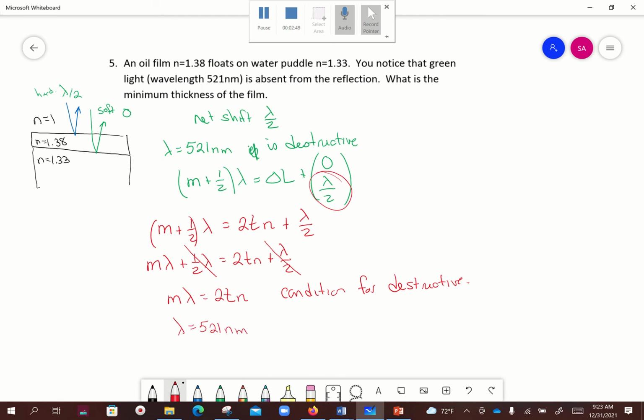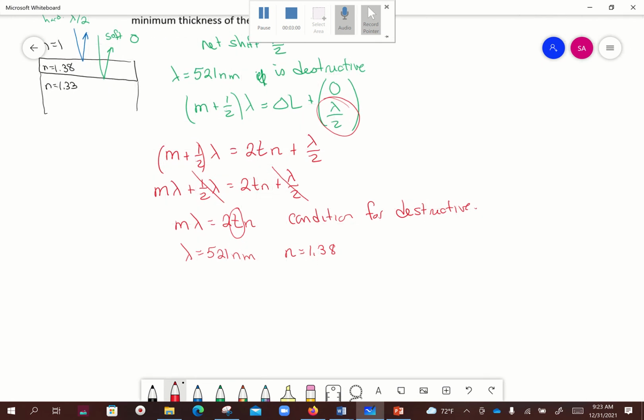We know the index of refraction for the film, which is oil, is 1.38. And we're trying to find T. So let's rearrange that equation first to give us T. So I'm going to divide by 2n to get T by itself. So I've got m, which is an integer, times lambda, 521 nanometers, divided by 2 times 1.38.